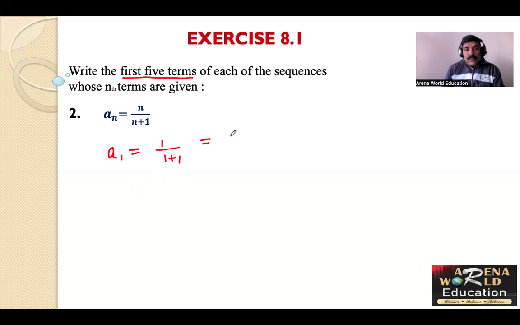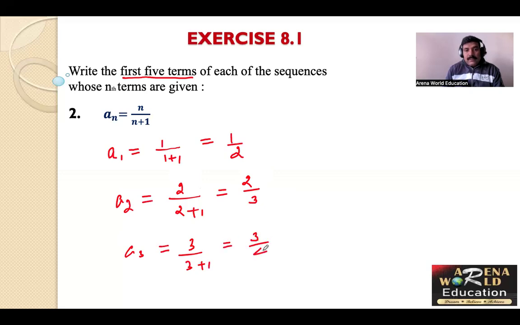So this will be what? 1 upon 2. Now A2 will be what? Replacing n with 2. So 2 upon 2 plus 1. So this will be 2 upon 3. Similarly A3. So A3 will be 3 upon 3 plus 1.